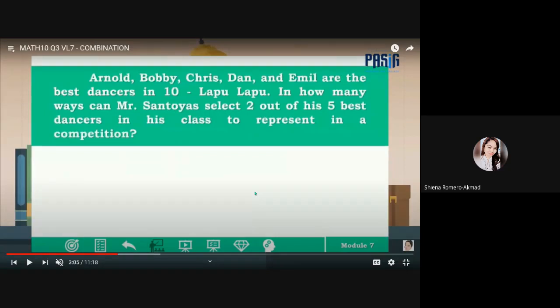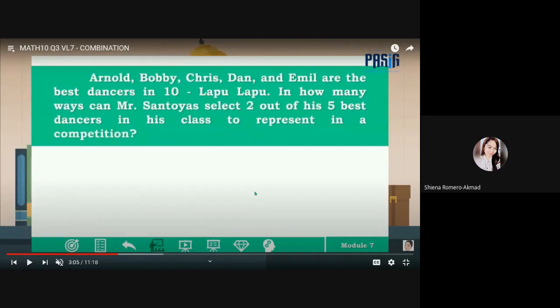Sa tingin ninyo, if Mr. Santoyas will select 2, dalawa lang out of 5 best dancers na binanggit yung pangalan, gaano kaya karaming arrangements yung pwedeng mapagpilian ni Mr. Santoyas?